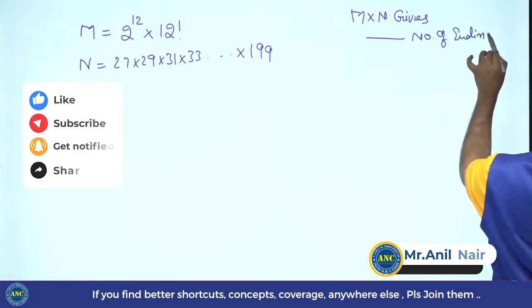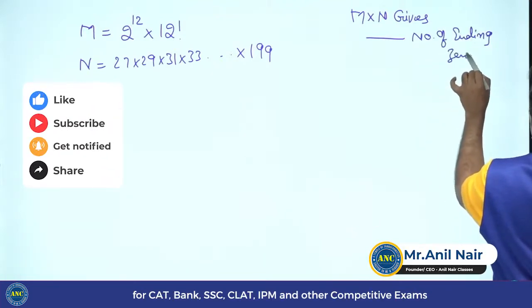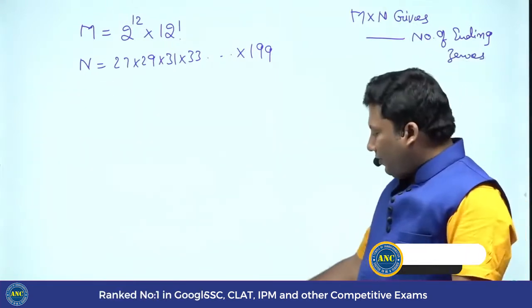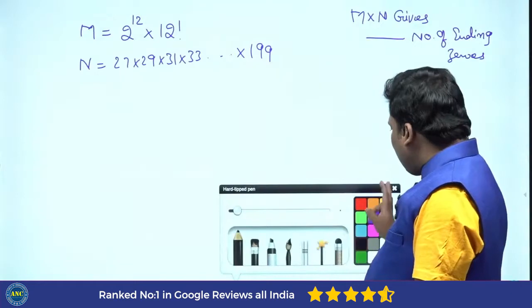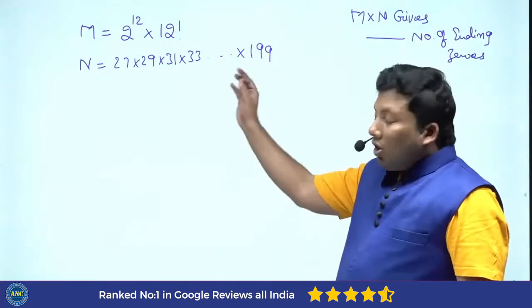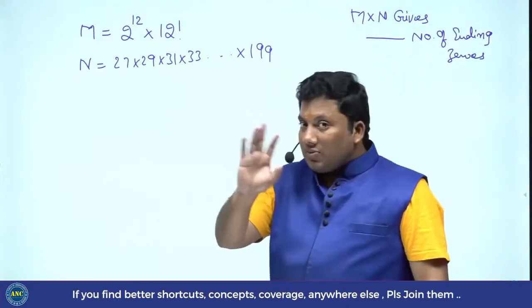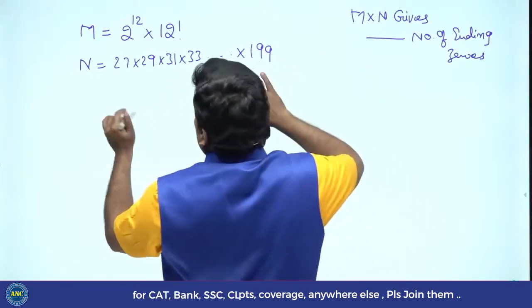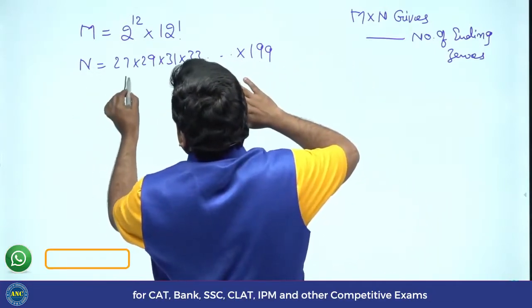Zeros at the end are also called trailing zeros. Listen carefully, sir. These are all odd numbers. Odd numbers will not have any powers of 2. Only concentrate on the odd multiples of 5.